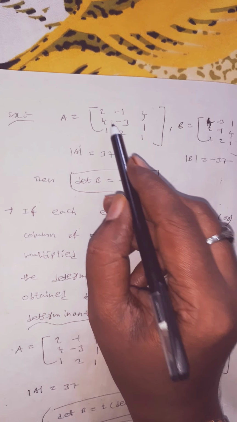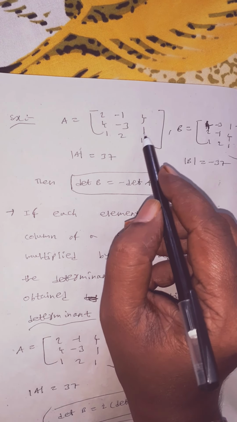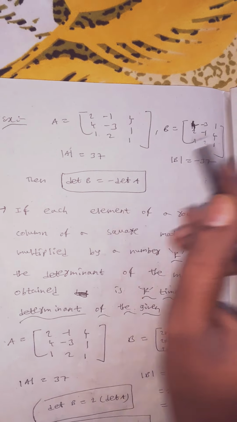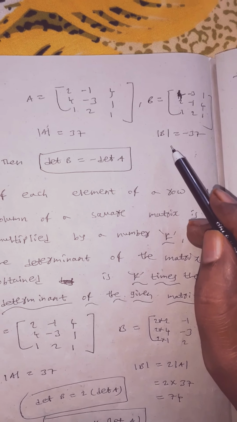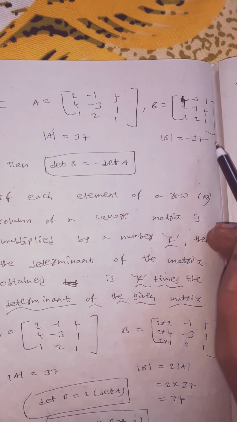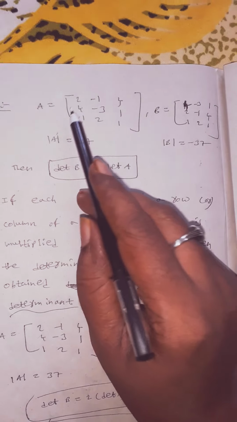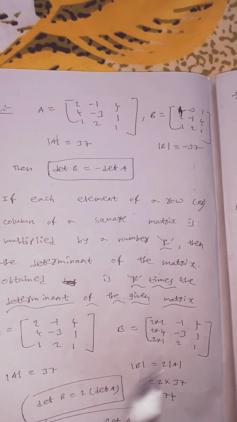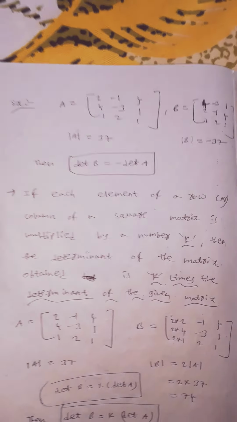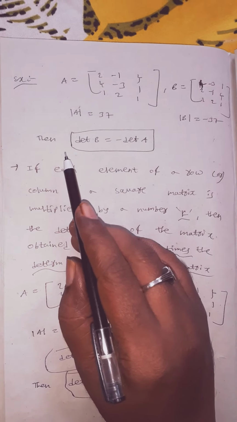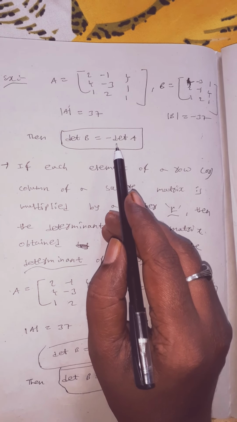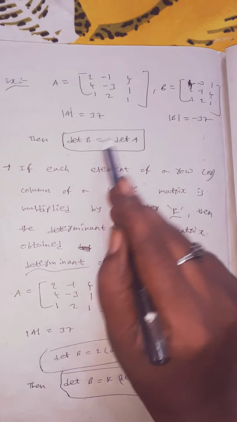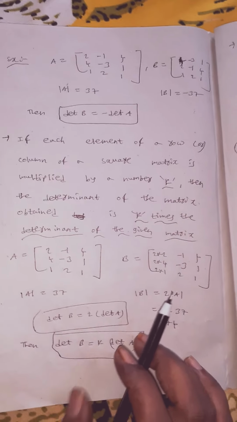How? 2 into minus 3 minus 2 is minus 5. So if you calculate it, the determinant you are getting is 37. Here if you calculate the determinant, it is coming minus 37. So are the signs changing or not? If two rows or columns are interchanged, then the sign is changing. So that is the second property. So we can write determinant of B is equal to minus of determinant of A. That is the second property.